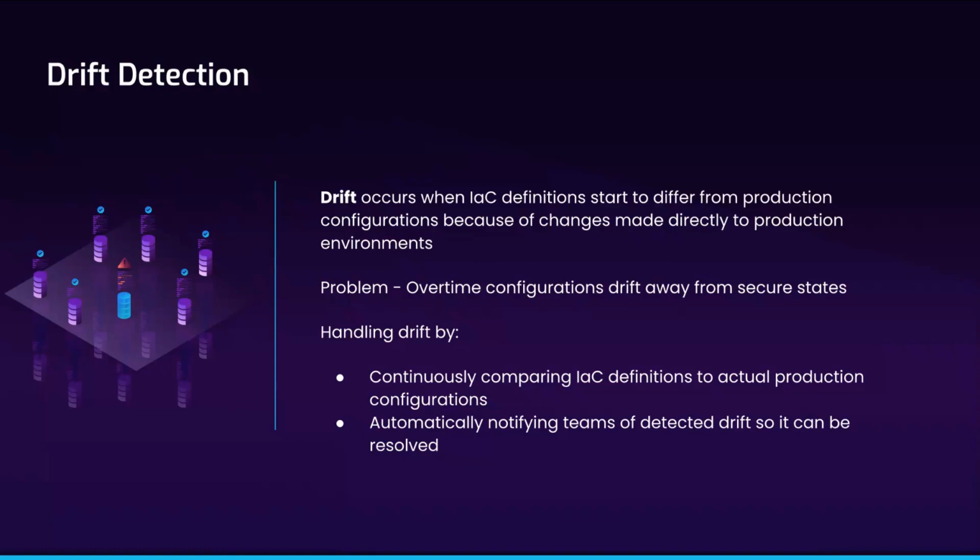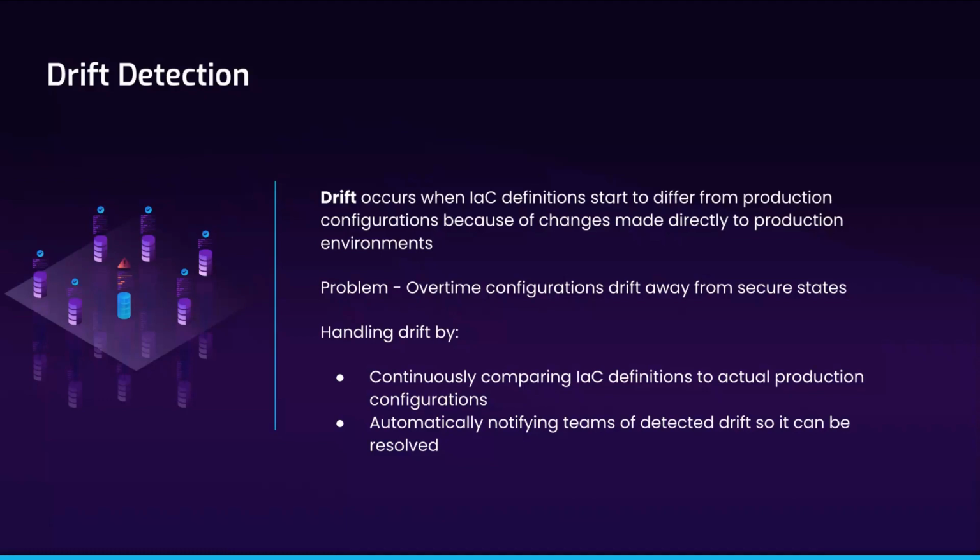First of all, by continuously comparing the definitions of the infrastructure as code, what is described in your template, to the actual production configuration, to the actual production environment. Once there's a difference between the infrastructure as code definition and the production environment, we can identify such a drift.